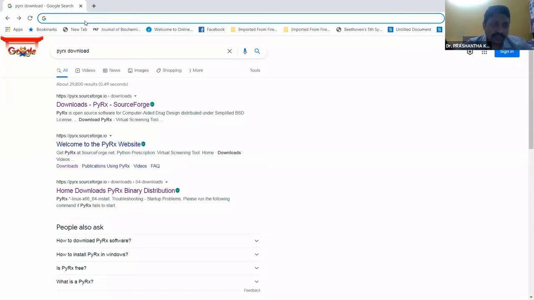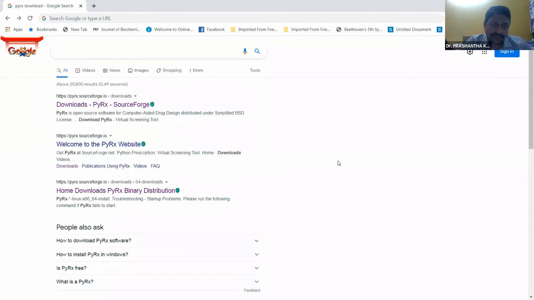Now, based on all the understanding that we gained in yesterday's class, we will go for performing the molecular docking. Again, as I mentioned in my previous class, molecular docking is not the first step, right? We have to do the pre-processing of the files.